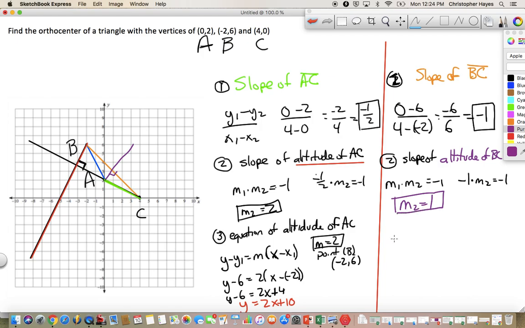Okay, so I know the slope is 1. And now once again, I need to do the equation. And again, this is the altitude of BC.